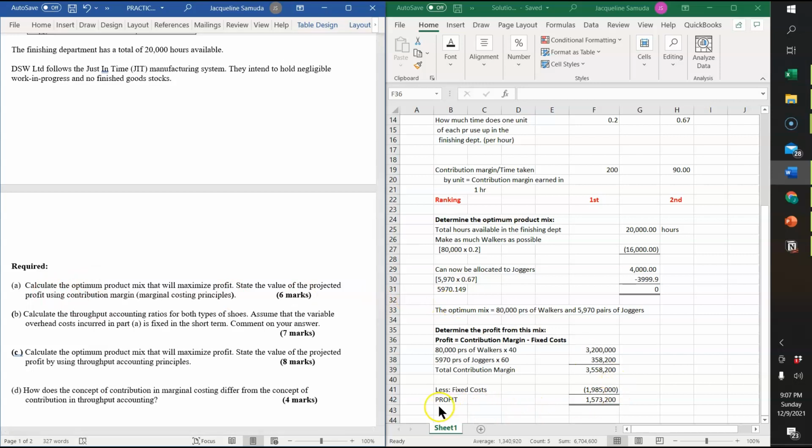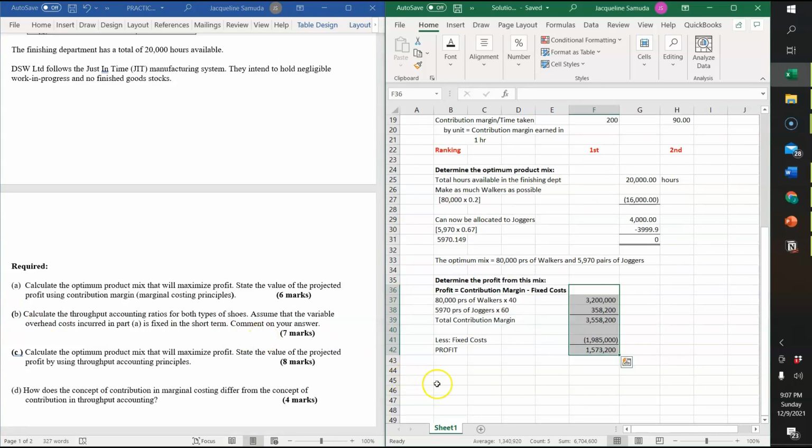And this is the projected profit, 1,573,200. Now for part B and part C, we can use both approaches to identify which product is more profitable. But let us focus on part B now.